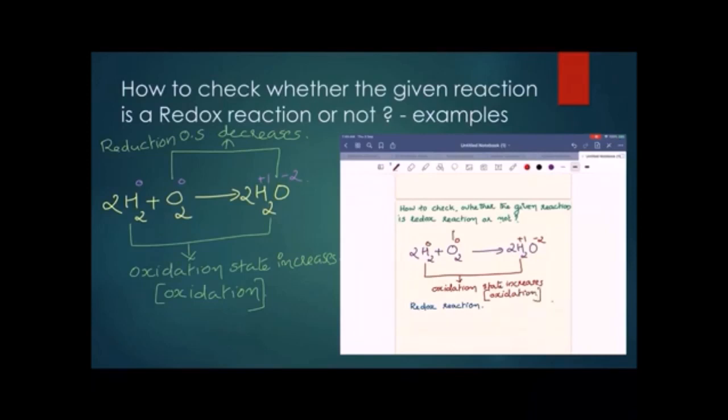Similarly, here you can see oxygen's oxidation state is decreased. So a reduction in oxidation state happens, so we call that reaction reduction. So in this reaction, oxidation also happened, reduction also happened. So this is a redox reaction.